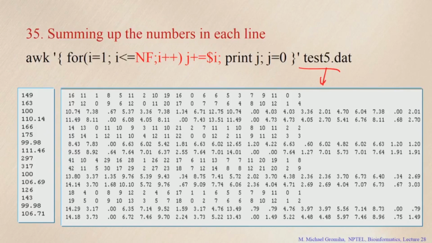So, how to do that? i equal to 1, this is the field, so take from here to all the fields, and then i plus plus. j plus equal to $i, so you are adding each variable here, right, and finally print j. Print j means this is the sum of the values, because we give j plus equal to $i, right. And j equal to 0, because we need to write this final answer.